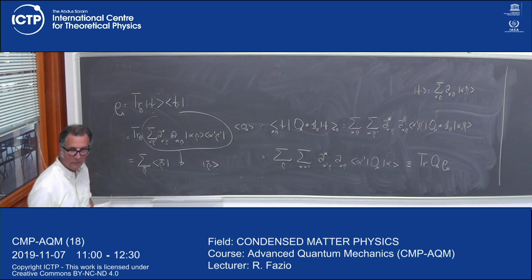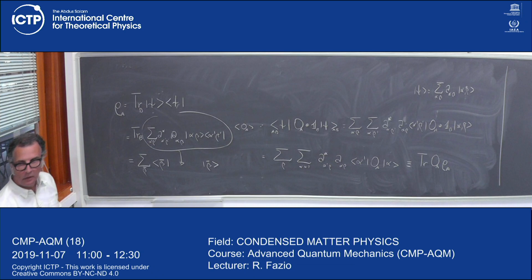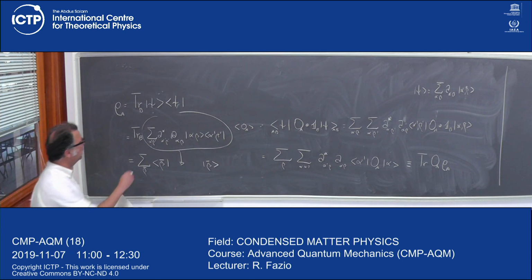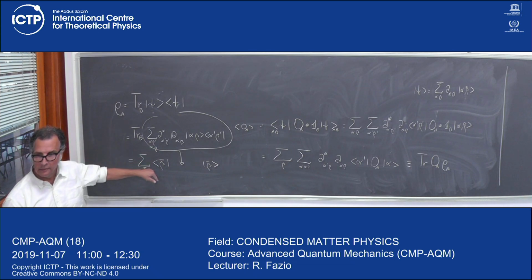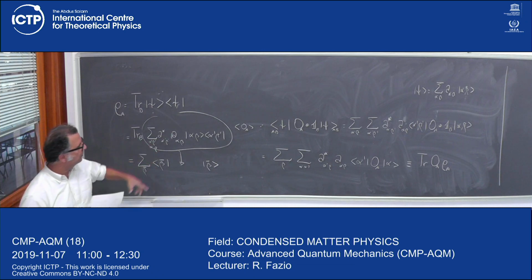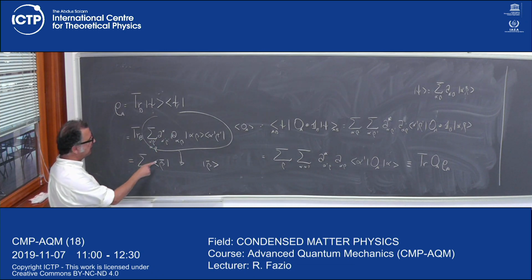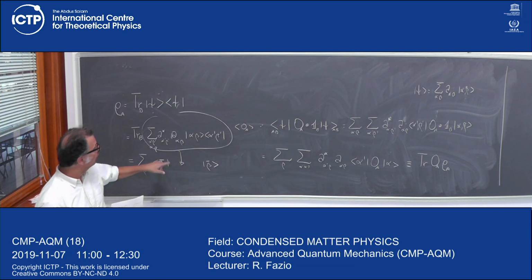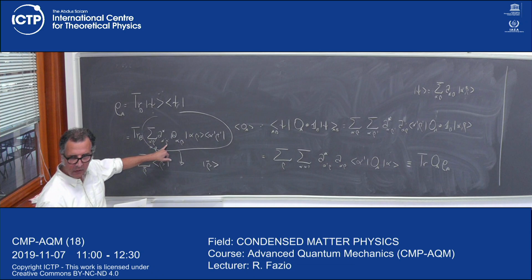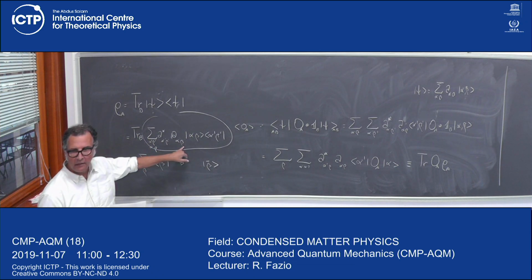We are using the sum over alpha beta. It has to be a double sum. Yes, you're right. Okay? Now, you see that when you compute this, you get a delta function beta bar beta prime, and beta bar equals beta. Right?